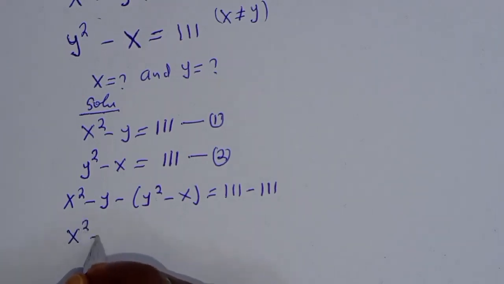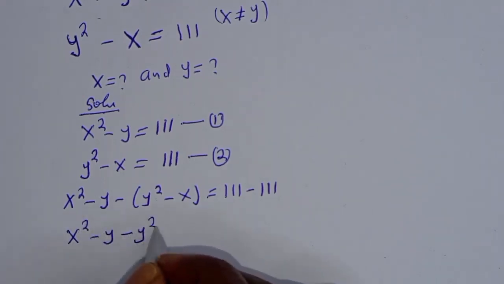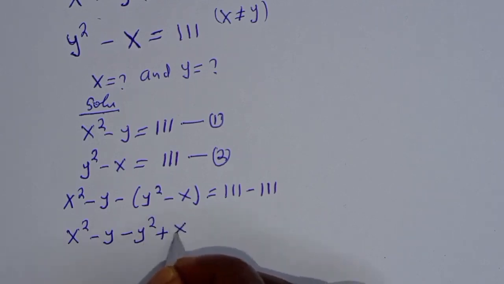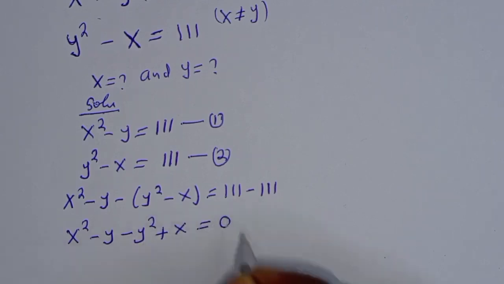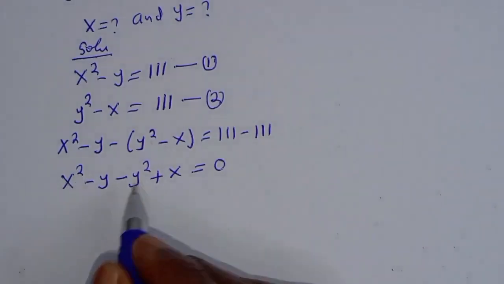x squared minus y squared plus x is equal to 0. Now we can compare this. We have x squared here and y squared here.